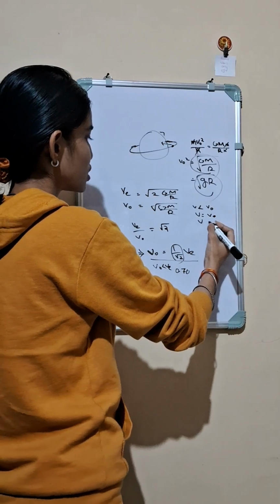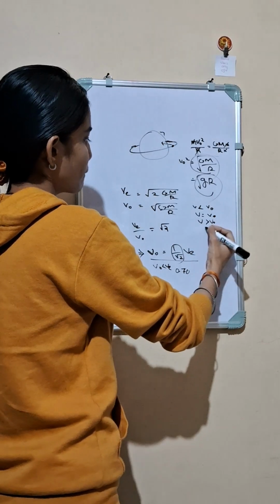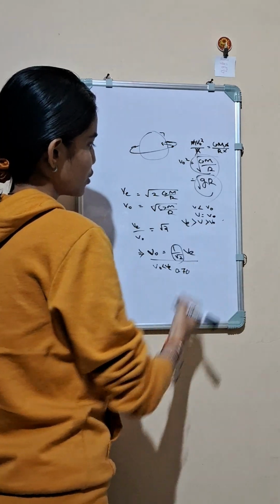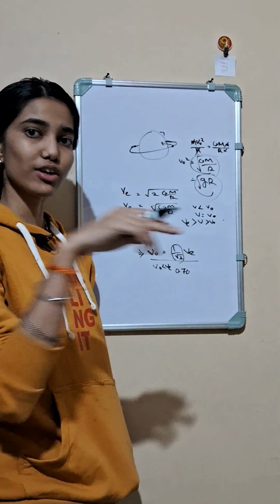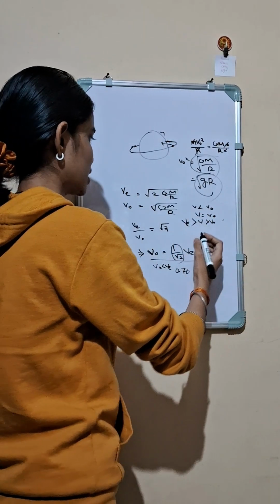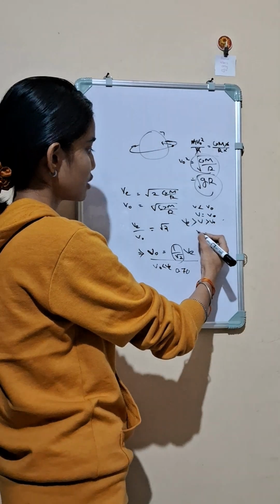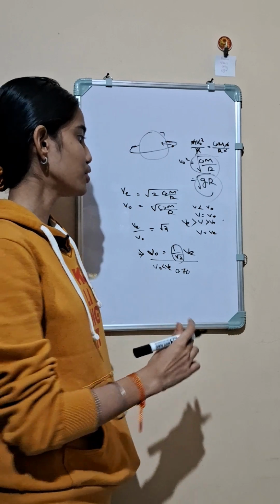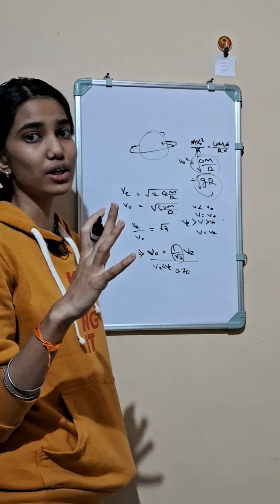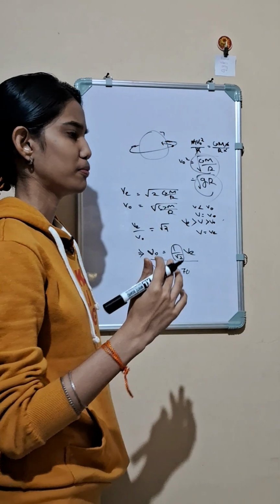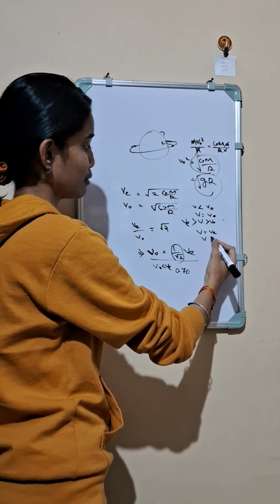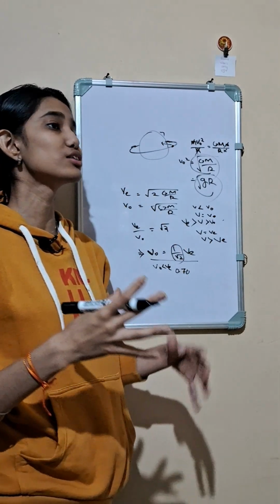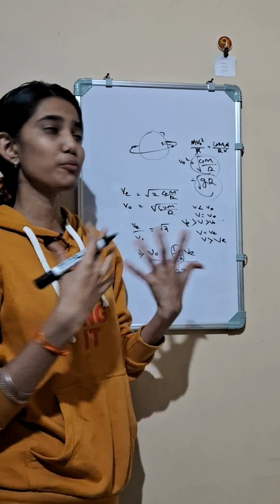But if velocity is greater than v naught but less than escape velocity, it will move around Earth but in an elliptical path. And if v equals the escape velocity, it will just escape from Earth in a parabolic path. But if this velocity is greater than escape velocity, then it will escape from Earth in a hyperbolic path.